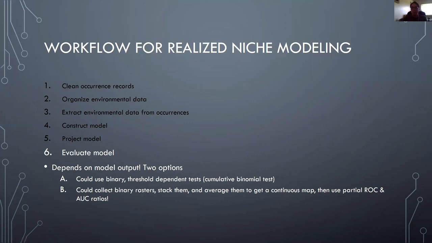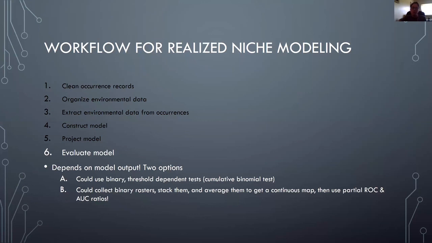Generally, the model evaluation is going to depend on the model output. If you're using binary, you can use a threshold-dependent test, which looks at the successes versus trials, and the proportion of suitable area, to give you a p-value with the cumulative binomial test.